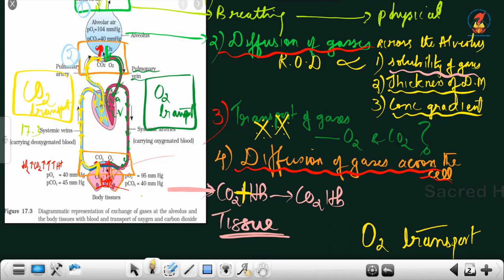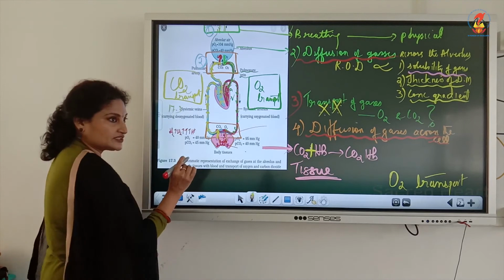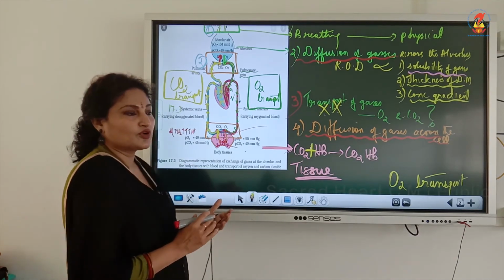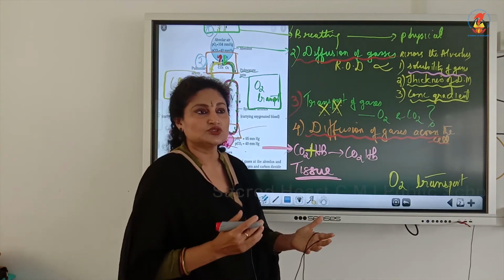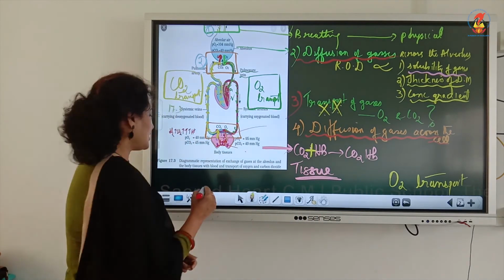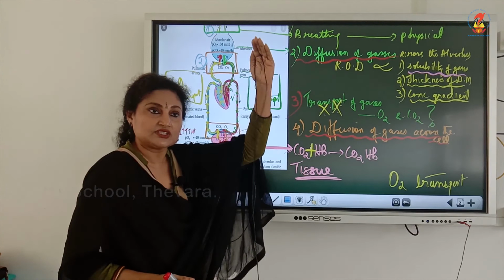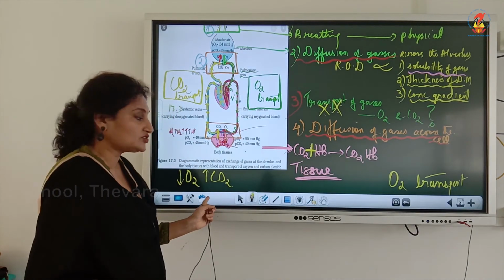What are those factors? I'll just give it in telegraphic form. Definitely, if you compare the amount of oxygen to carbon dioxide, carbon dioxide is more. So, one factor, the carbon dioxide gradient is high, so the oxygen gradient is low. This cannot be equally high. When carbon dioxide is high, definitely oxygen concentration is very low.